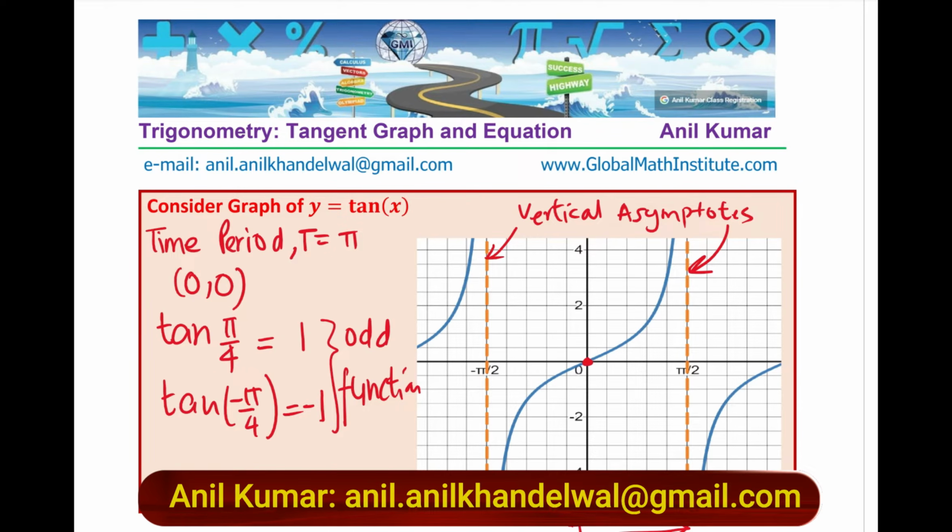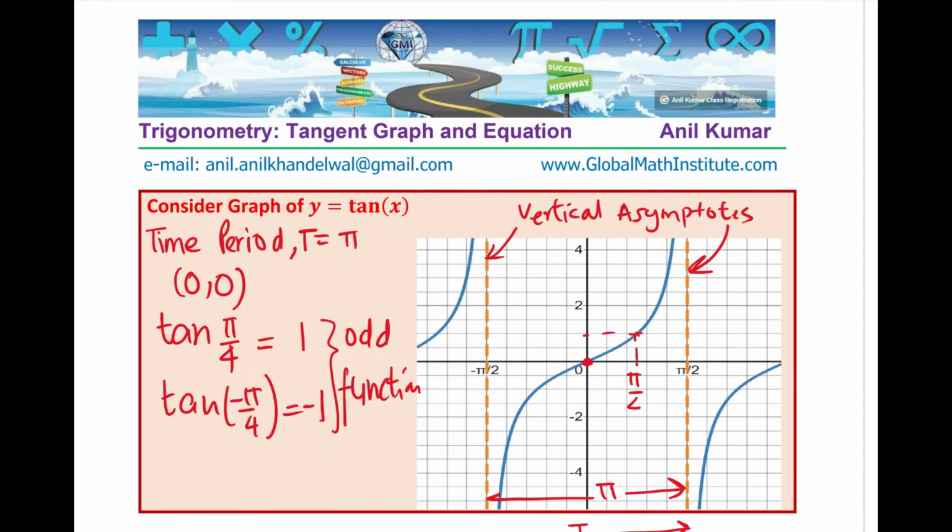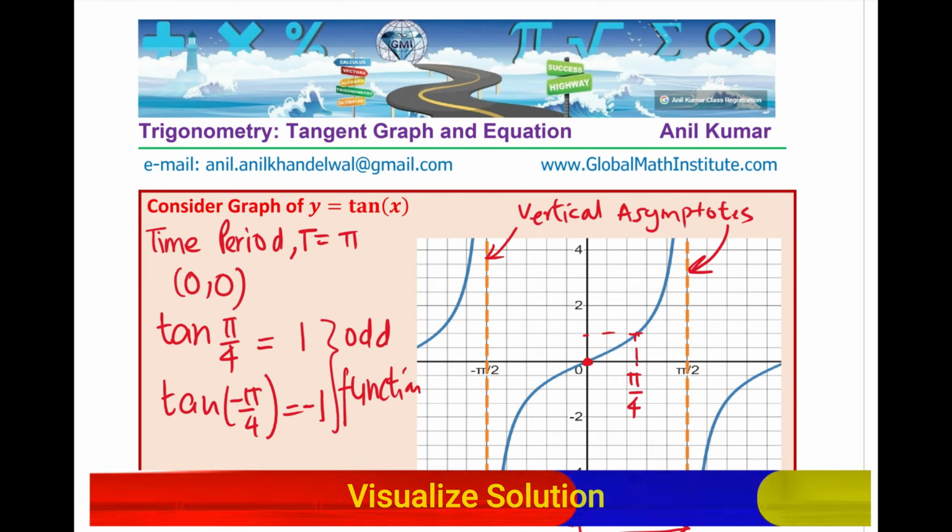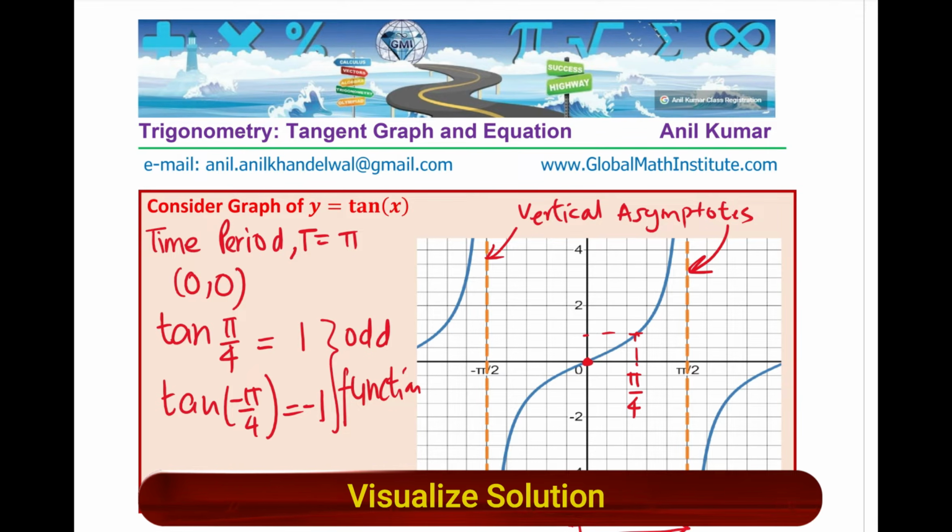So at pi by 4, we have this value of 1, and here we have minus 1 for minus pi by 4. Is that clear to you? So that gives you the other two critical points.